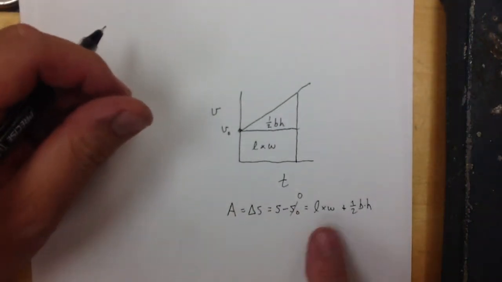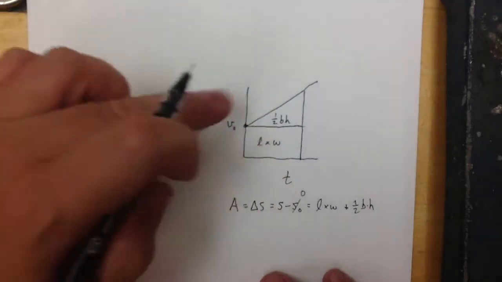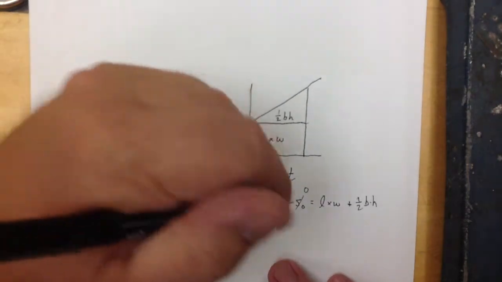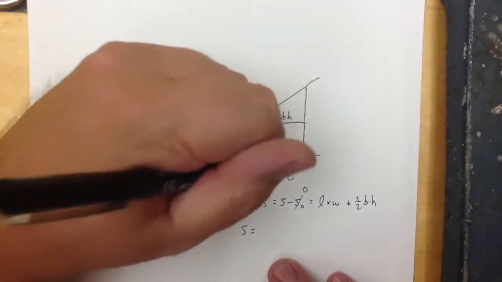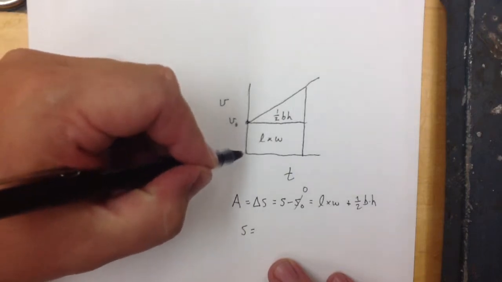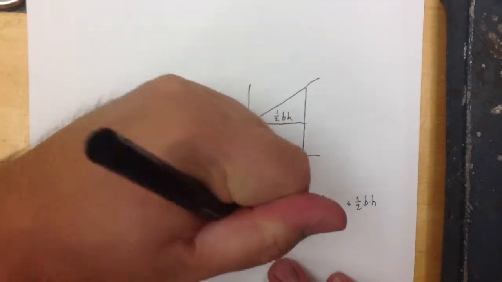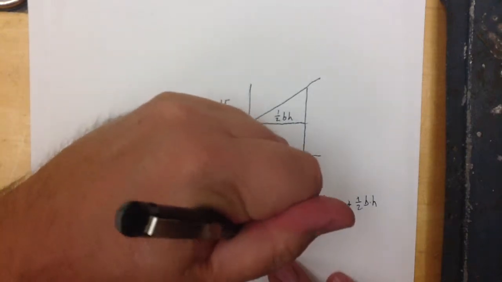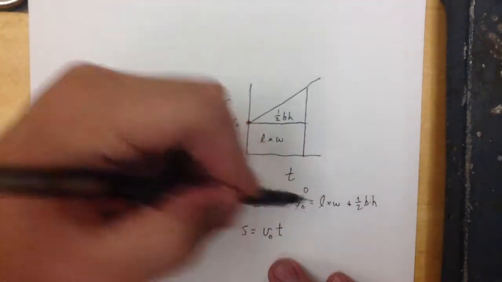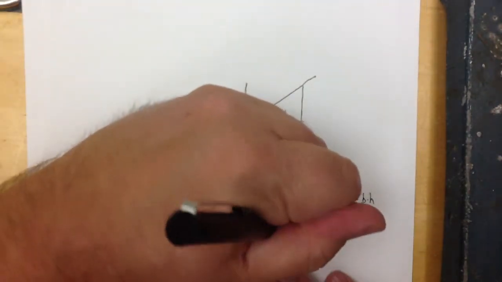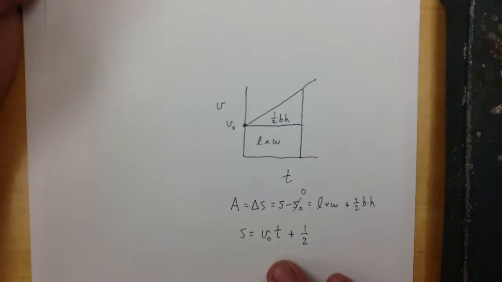Now we want to get these into expressions that come from the graph. So S is equal to the bottom part, the length here is V sub 0, and the width is the time, so we have V0 times time, that's length times width, plus 1/2 base times height.